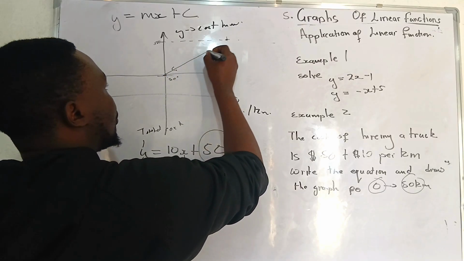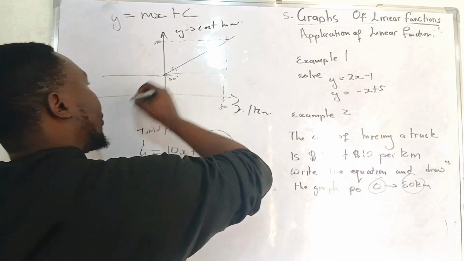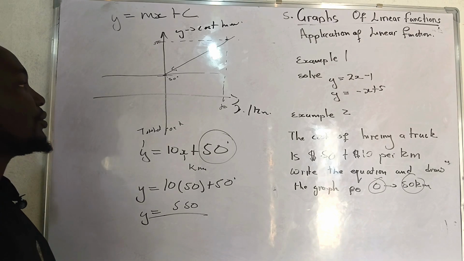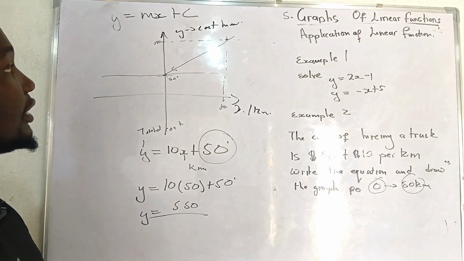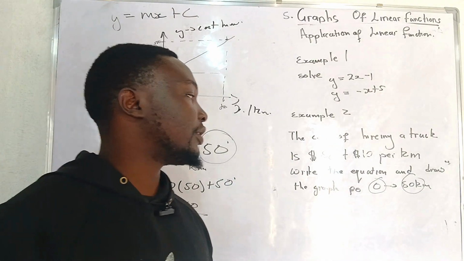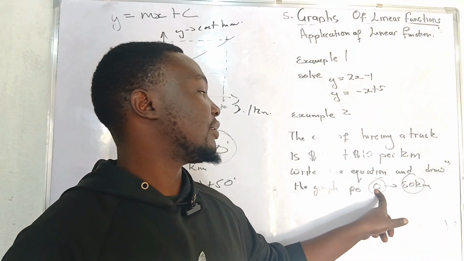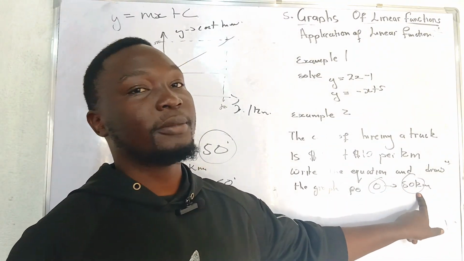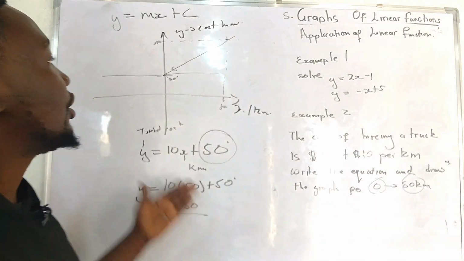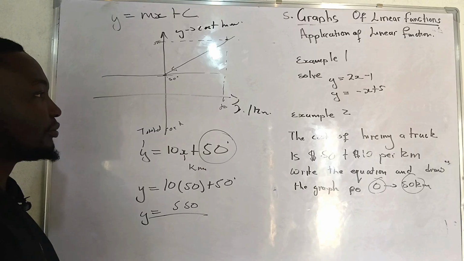Then you join your points with a straight line. That will be simple. So that's how you solve this one. You take this point as the first point, and 50 kilometers as the second point. Already you have 2 points and it's a straight line, so you join them.